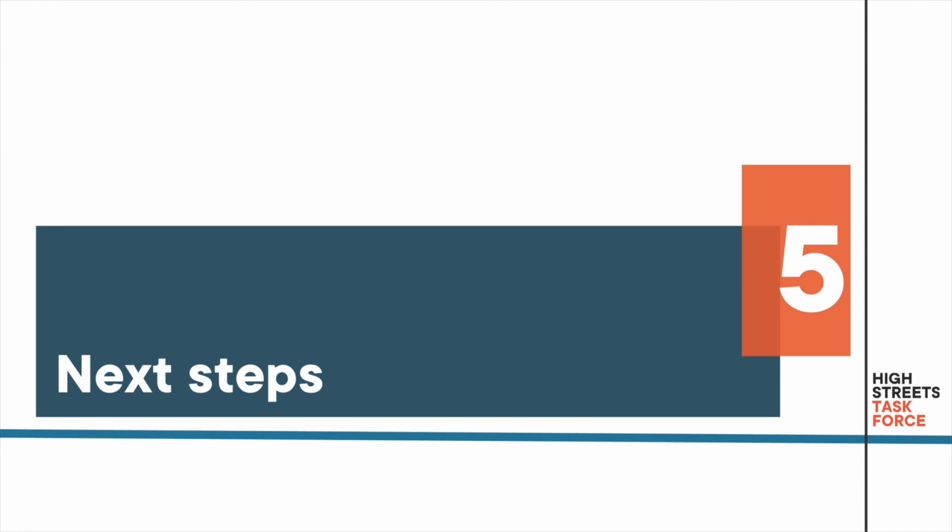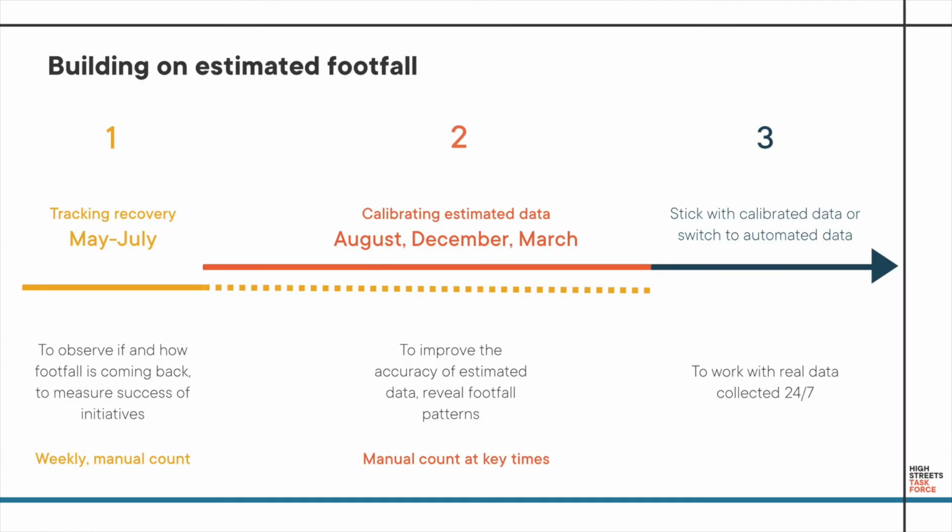So there we've just covered quite quickly what the estimated data in your dashboard means, how it was created, and how you can add to this to give a clearer picture of what's happening on your high street using manual count data. So what's next? As we showed earlier, we hope that you'll want to continue on your footfall journey across the 3 stages shown on the screen.